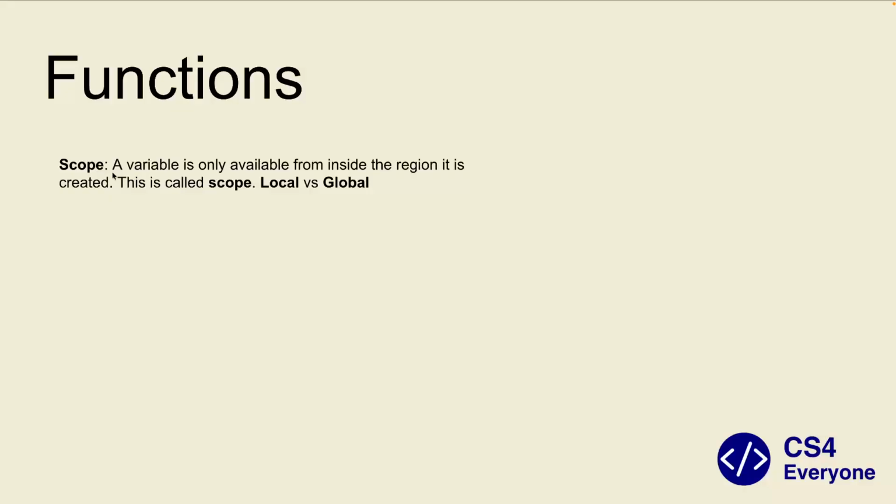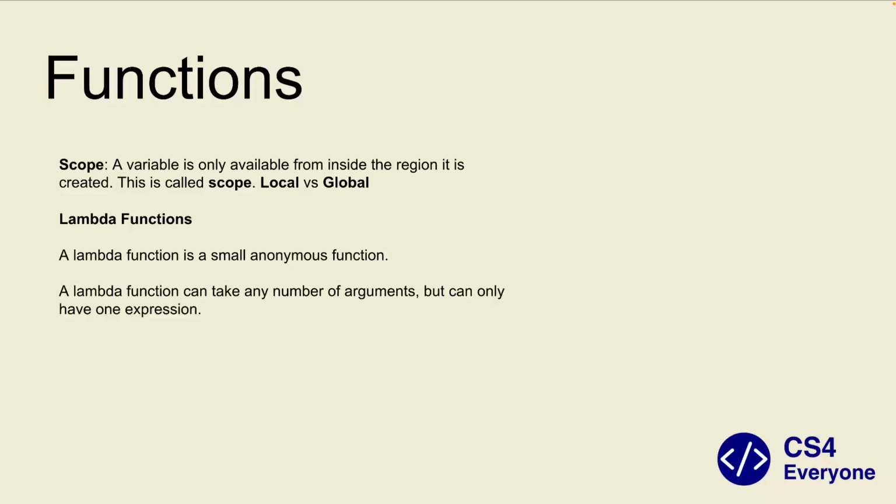Scope. A variable is only available from inside the region it is created. This is called a scope. It could be local or global. Also, we have lambda functions. A lambda function is a small anonymous function. A lambda function can take any number of arguments, but it can only have one expression. For example, we're going to be seeing a lambda function.